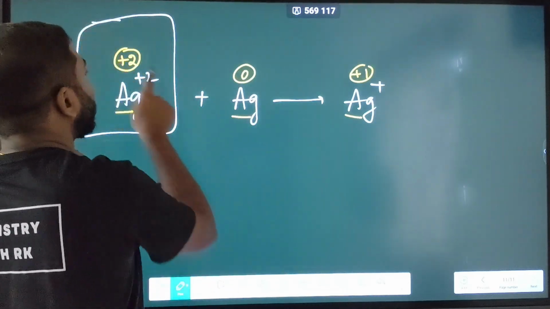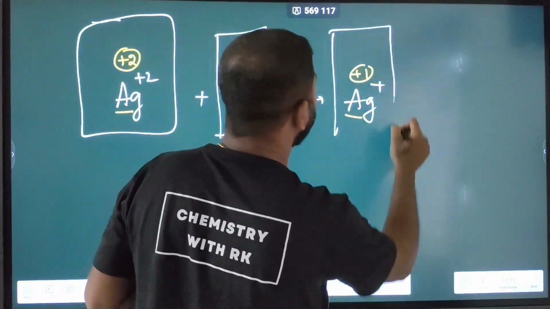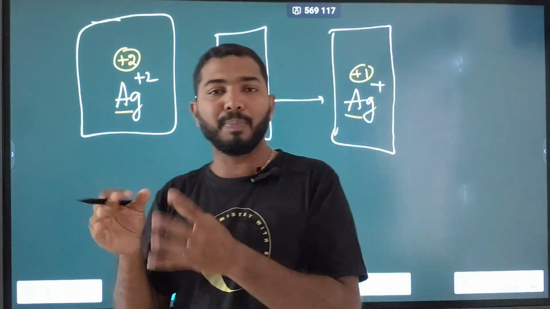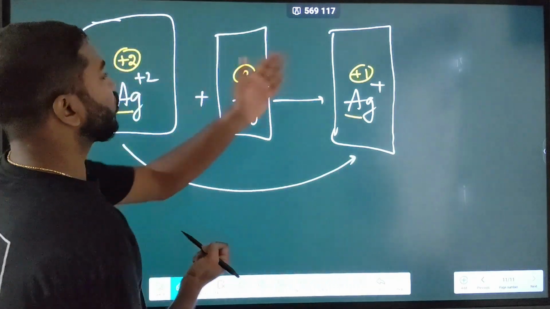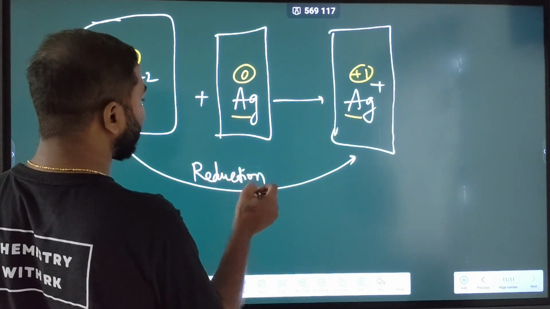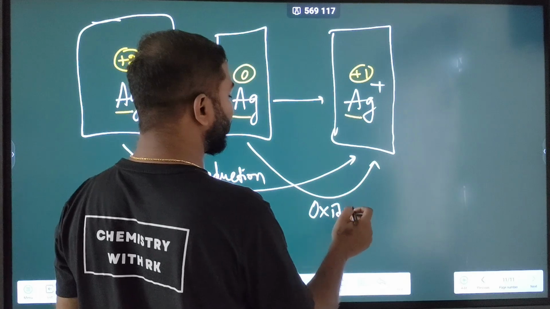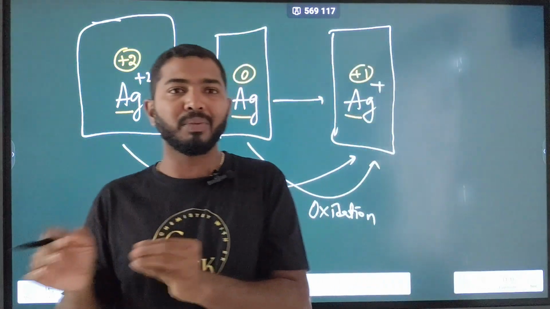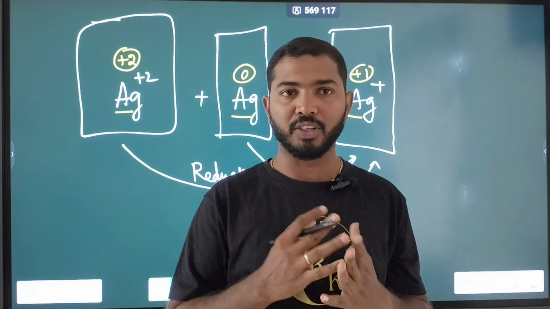This is one reactant, this is another reactant, undergoing both reactions, oxidation and reduction, to give Ag+. From +2 to +1, it is undergoing reduction. And from 0 to +1, it is undergoing oxidation. That is, the same element of different reactants is undergoing both oxidation and reduction.